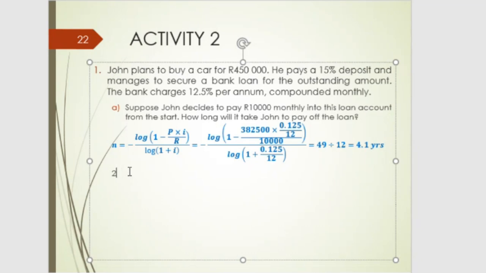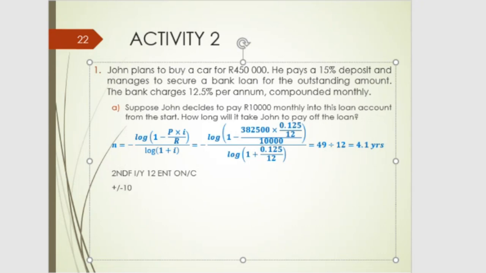Second function, payments per year, we're saying they are 12. Then you enter, then column C. We have the payments, which is plus or minus.